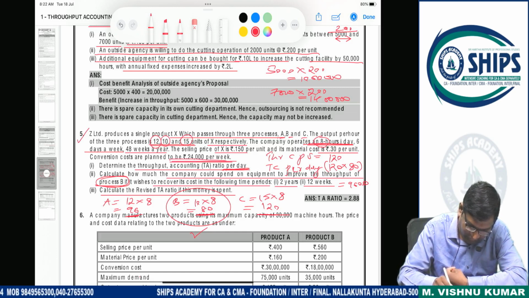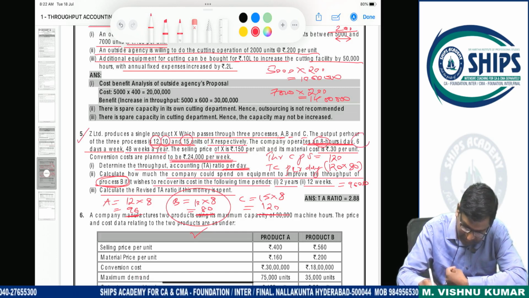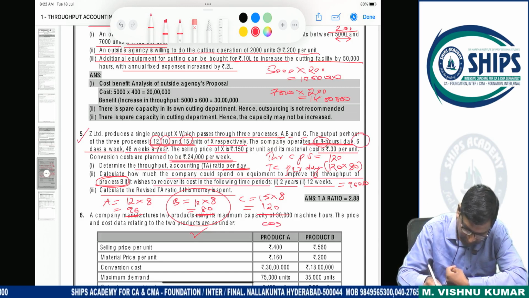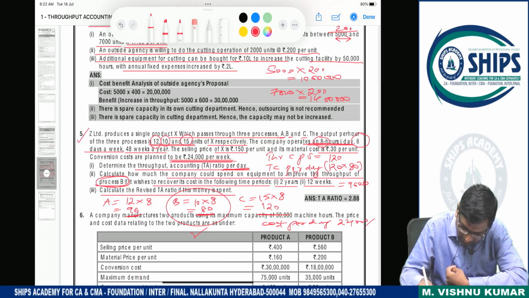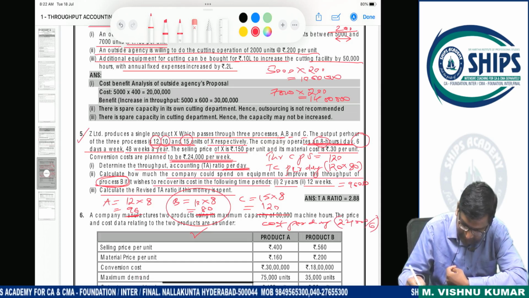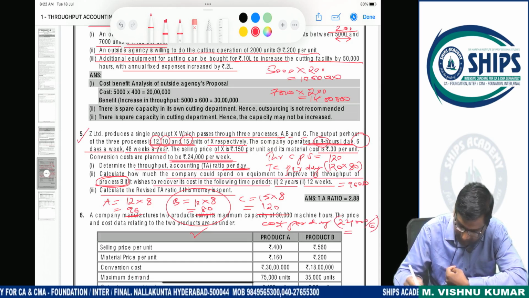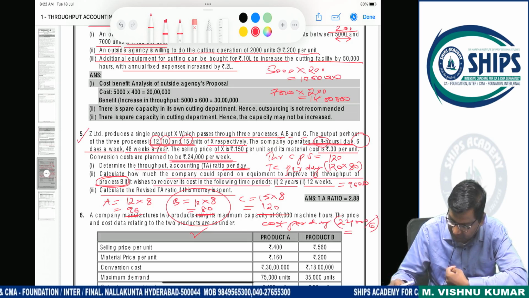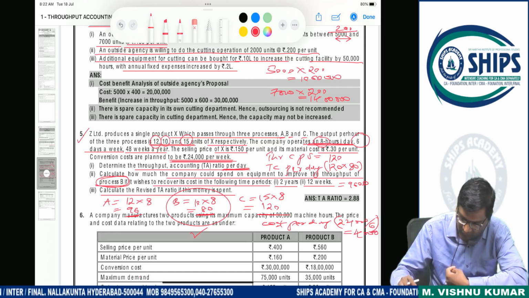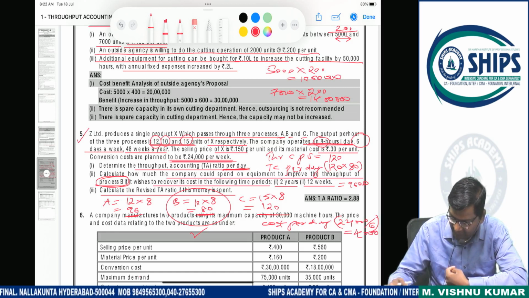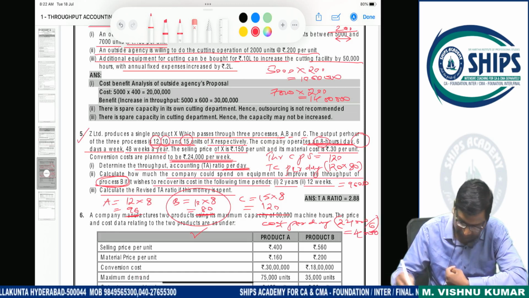Now we have to calculate cost per day. This 24,000 is per week cost, and in a week 6 days are there. So cost per day is 24,000 by 6, which is 4,000. Now throughput accounting ratio is 9600 divided by 4,000, so 2.4.